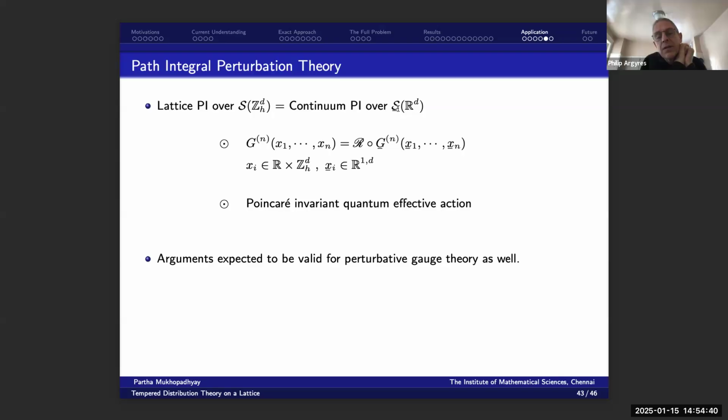Yeah, there are no high momentum modes, right? So on the lattice, I know. Okay, so you could ask this question: the Dirac delta function of the continuum becomes a Kronecker delta on the lattice. Now I have defined this unique continuation to the continuum. So you could ask, what is the continuation of the Kronecker delta to the continuum? That is not a Dirac delta. That's an oscillatory function actually.